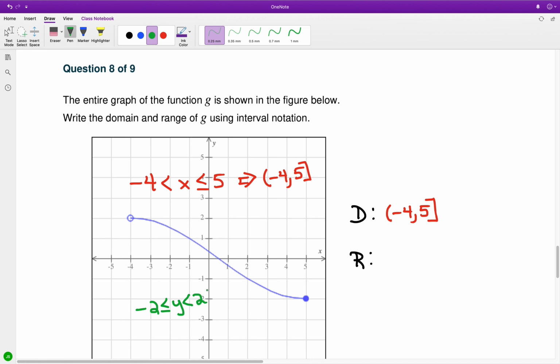So for the inequality that defines the range of values in y, we have between -2 inclusively, and approaching but not including 2.